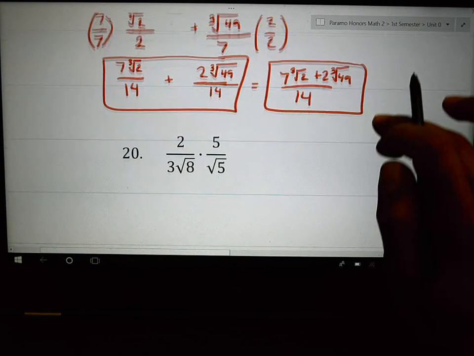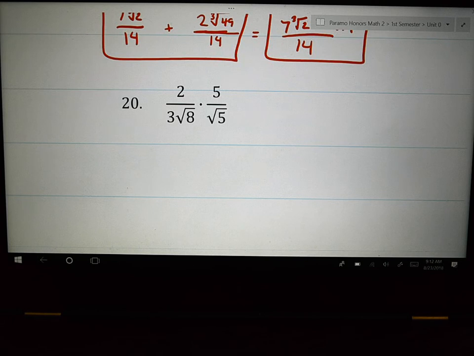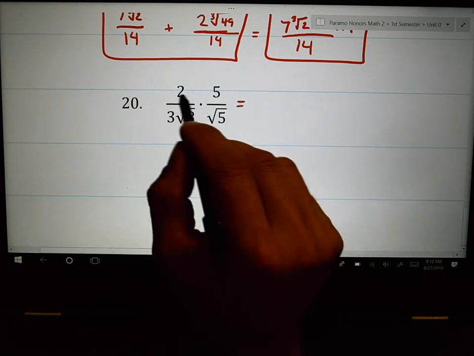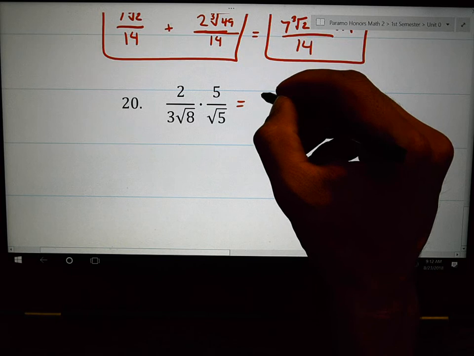Number 20, on the other hand, combines today's lesson with yesterday's lesson pretty well because you're multiplying things. And so just like before, if you can make things smaller, then do it. I would simplify it. If numbers are on the outside, you multiply them. I see a 2 times 5. I'm going to put 2 times 5 right there, which is 10.